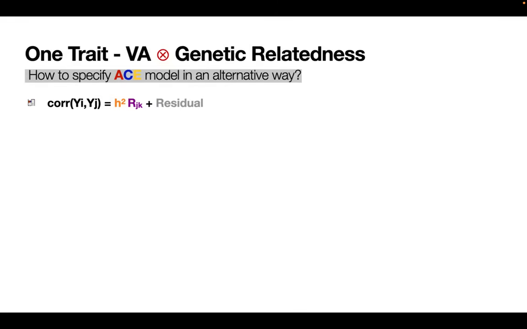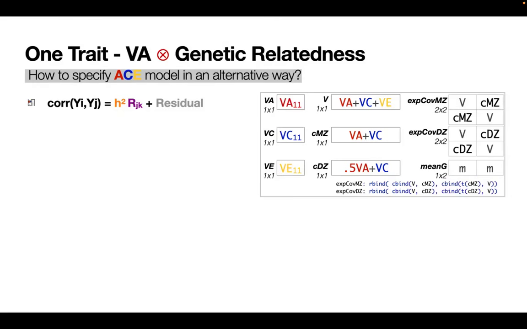However, there is also an alternative way in which we can specify this model that might be more comparable to what you're familiar with from the Haseman and Elston regression, which regresses the phenotypic correlation on the genetic relatedness. So let's recap.